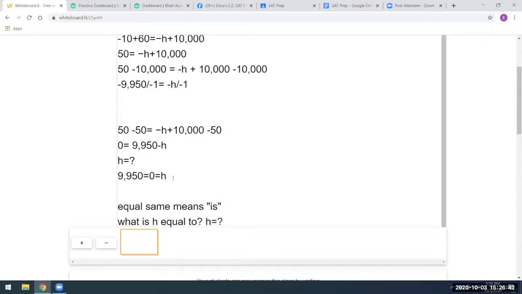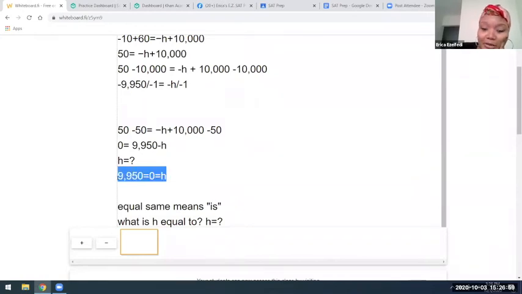Yes, because it says negative h and 9,950, but if it's h equal to, wouldn't you have to switch over the problem so it could look better? Yeah, we do need to make it look better. It looks raggedy. I think you're going along the right method. So we do have to switch some things over.